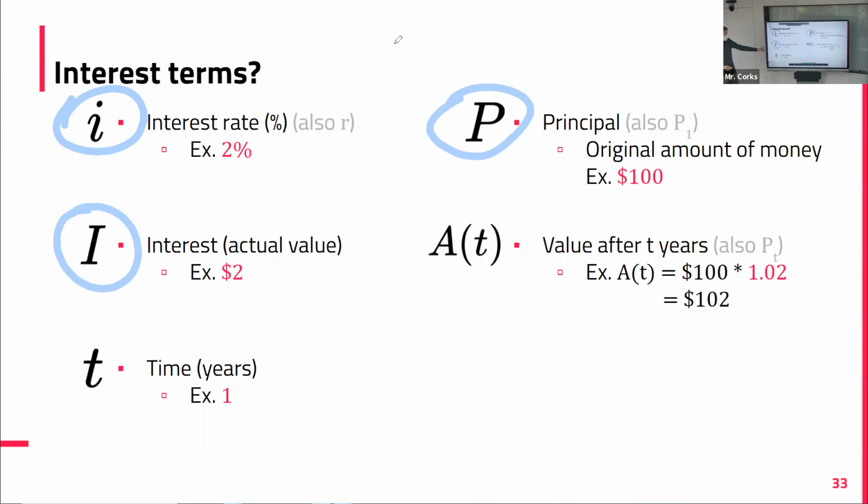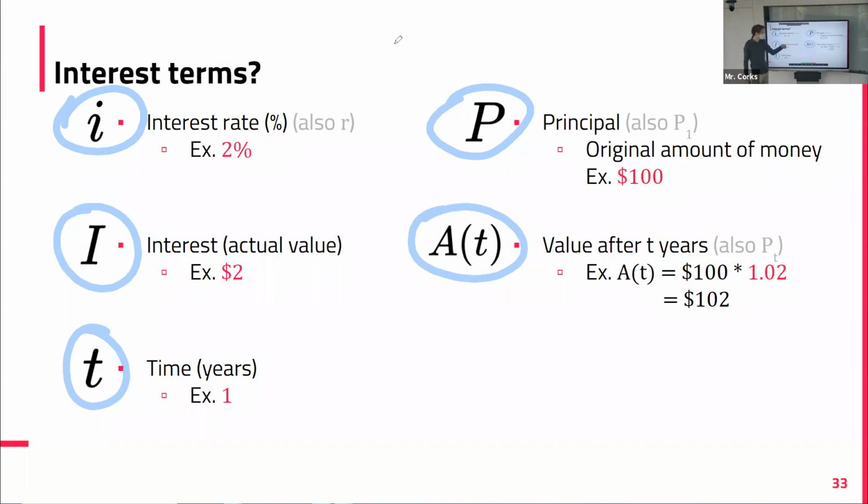Capital I is the dollar value of the interest. So lowercase i is the percentage, the rate. Capital I is the actual dollar value based on that interest rate. t is our time, almost always expressed in years. And then the last thing we'll need is A sub t.